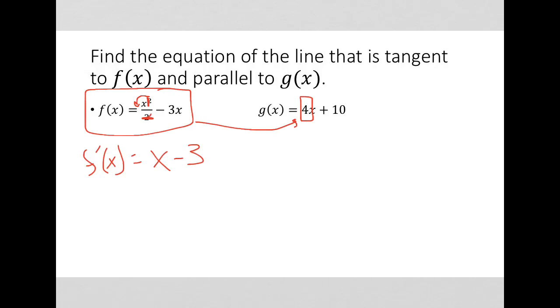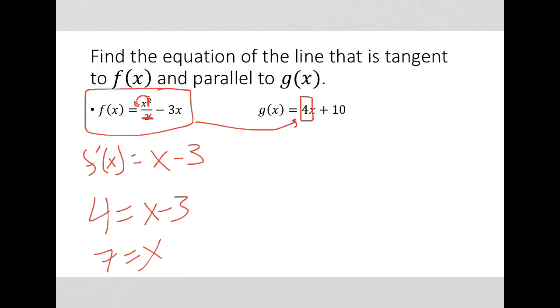So I need to know when is x minus 3 equal to 4? Because again, I need my derivative to equal the slope of 4. So 4 equals x minus 3. Add 3 to both sides. 7 equals x. So now we need to write the equation.